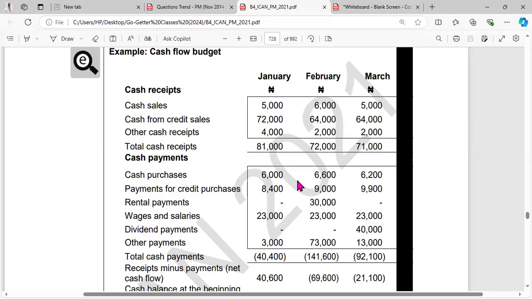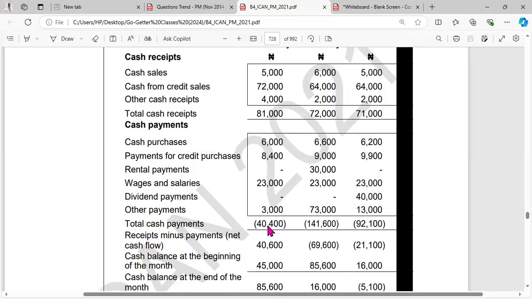Then look at cash purchases, payment for credit purchases, rental payments, wages and salaries, dividend payments, other payments, and you have your total payments. So they have put the total in brackets. So now your total cash received minus your total cash payment will now be your cash flow, net cash flow.